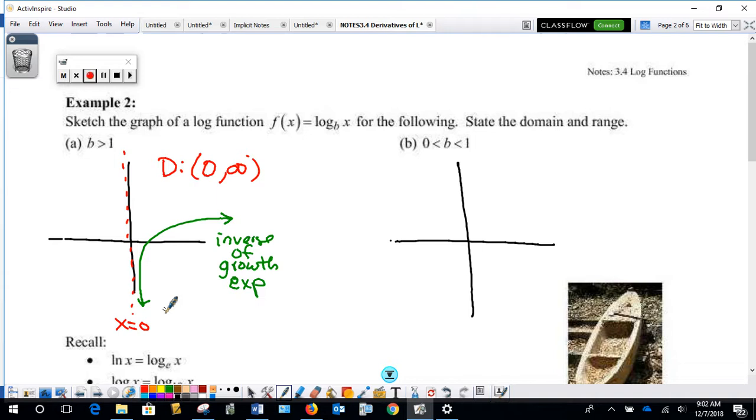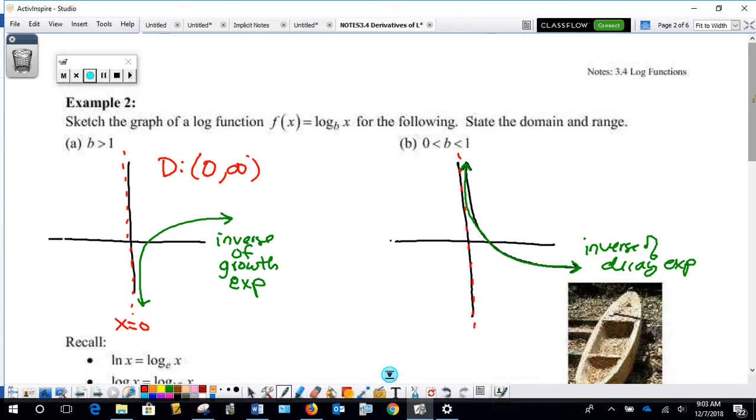Flipped it horizontally. So if it helps you to get the decay, instead of flipping horizontally, you're going to flip the growth log vertically. And so if that helps you to see that the graph is going to be coming down and going like this for the inverse of your decay graphs. And likewise, this also has a vertical asymptote right at x equals 0.